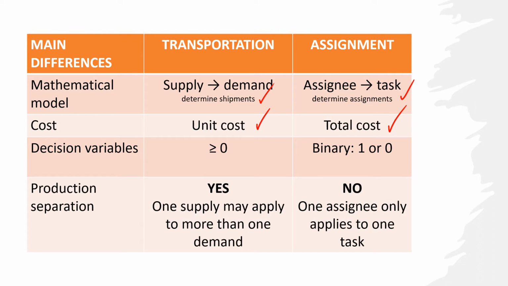Decision variables are greater than or equal to 0 in transportation, while in assignments they are binary. They go from 1 to 0. In transportation, we can separate production, while in assignment, we cannot separate any of these sources. We cannot separate people, we cannot break a machine in two, or things like that.